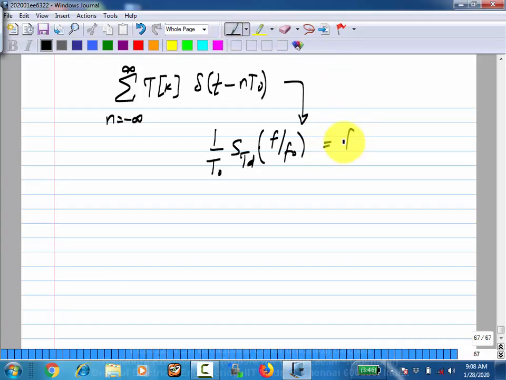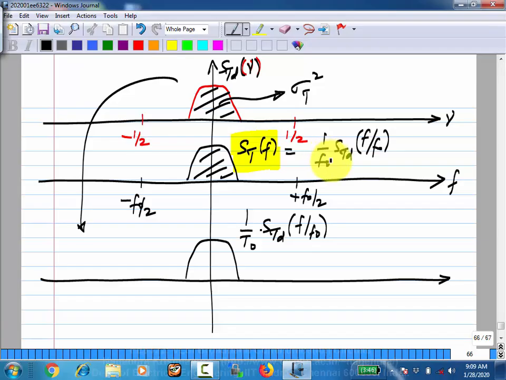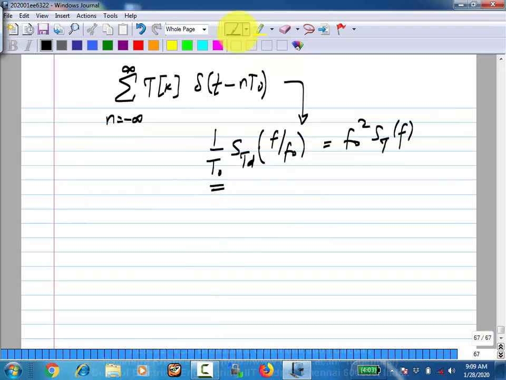Okay, is this correct? So you have an f naught here and you have another f naught from this. Basically, this is what I want. This is f naught times S tau of f times f naught. Okay. So this is what we'll have. This is only for one of the impulse trains.